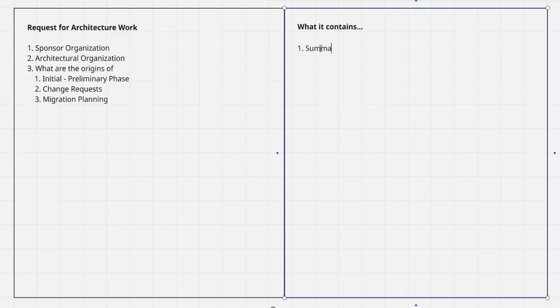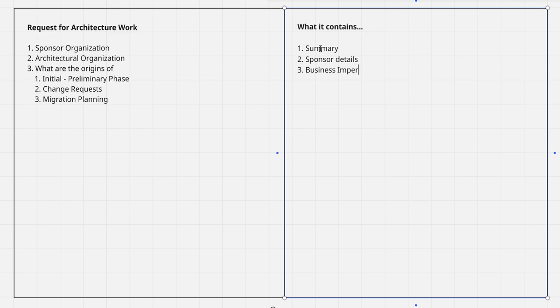It contains, as with any document, a summary. That summary is a brief description of what architecture the sponsor is looking for, and then sponsor details like name, their organization name, and the contacts, whom this architectural organization should contact in case they need any information or any help to understand their need.